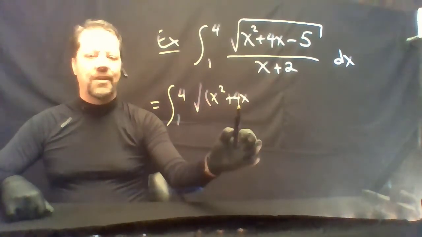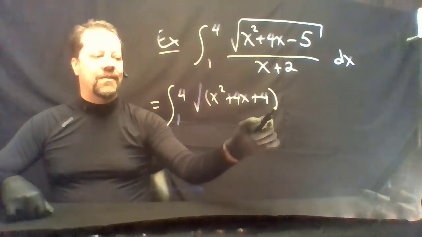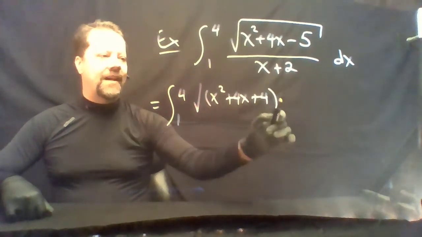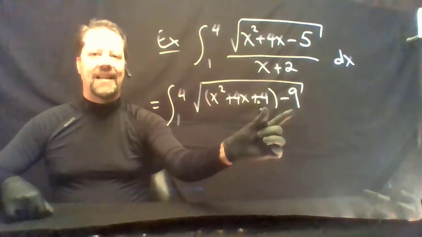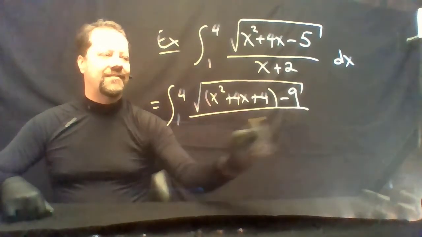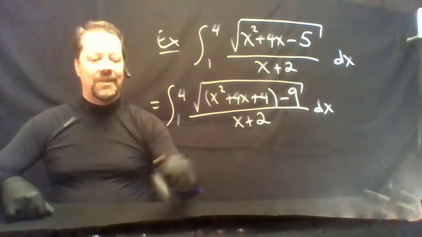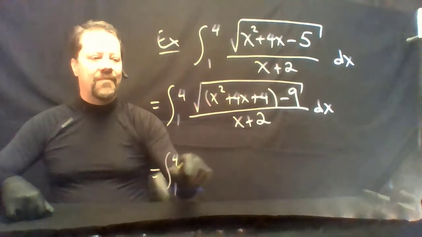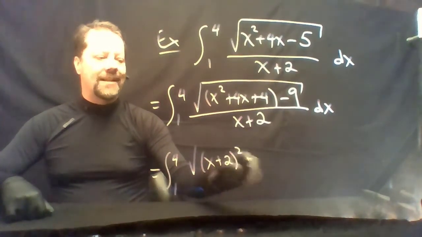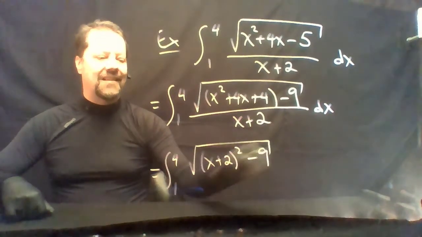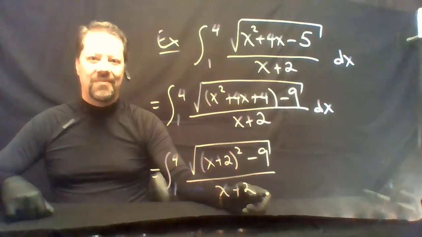To complete the square, you divide the coefficient of x by 2 and square it. You want plus 4. You have minus 5, so you have to subtract 9 so that you'll get a net of minus 5. We'll now have the integral from 1 to 4, the square root of x plus 2 quantity squared minus 9, all over x plus 2.